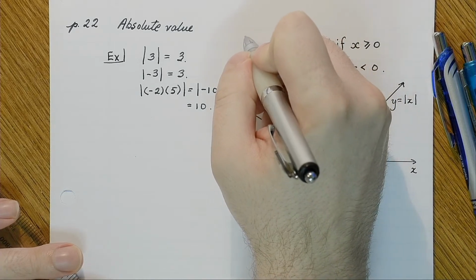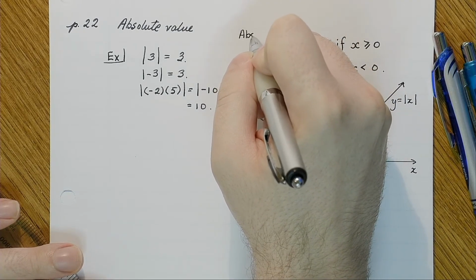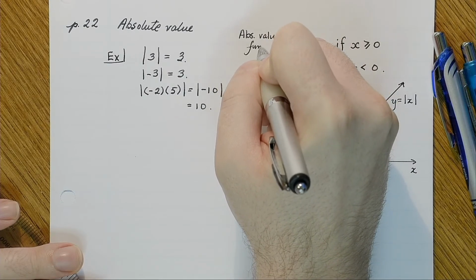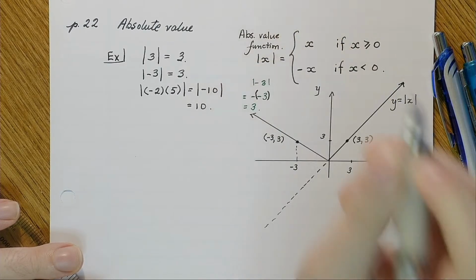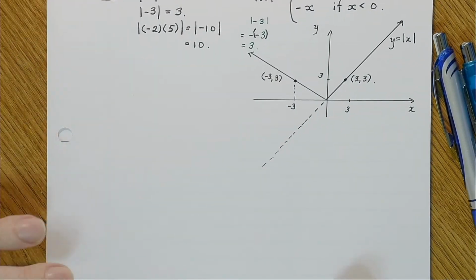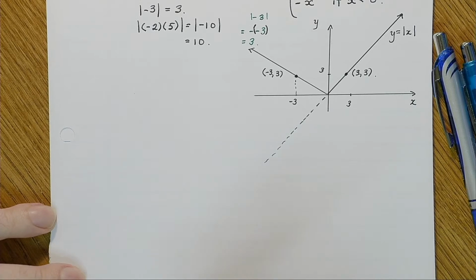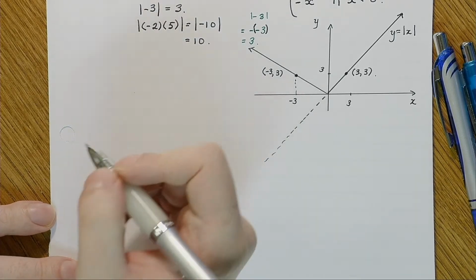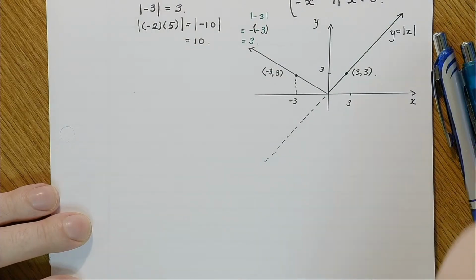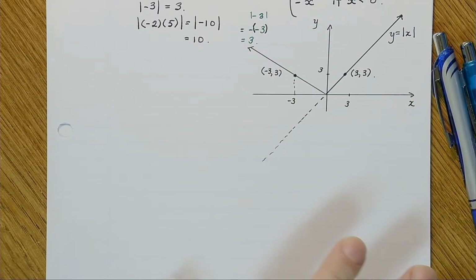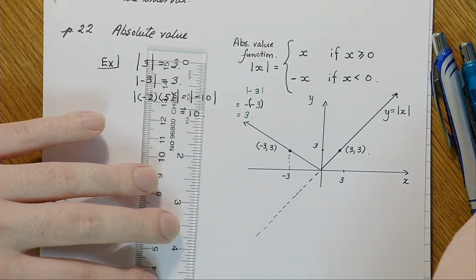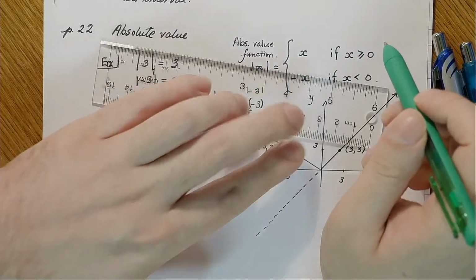And this would be the absolute value function. So this is kind of important. I'll put a box around it or something. Let's use green.